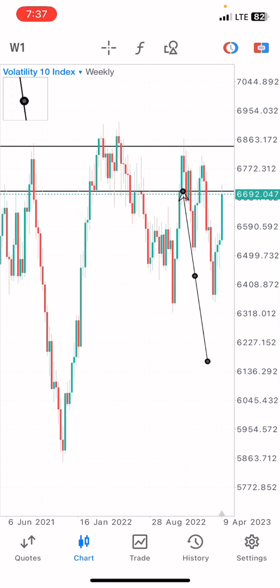Then price didn't give us a nice move from this level, just gave us a strong bullish push. You can see how strong this bullish pressure is, that came to test this main level, then gave us a drop. Understand? Right now you can see price is giving us a move back to this level.